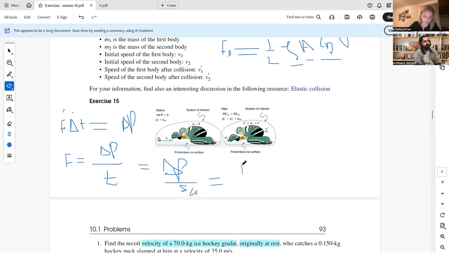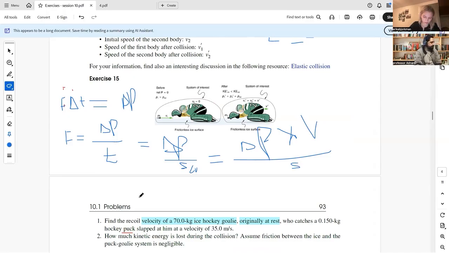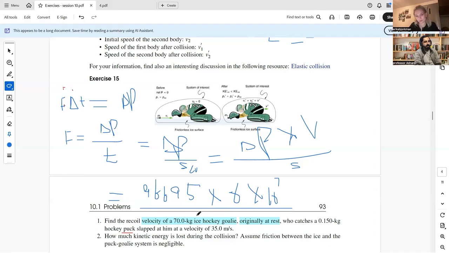Then our equation will become del P multiplied by V divided by S. S is the distance in light years, which we have calculated already. Del P we also have calculated: 96695, that is the impulse, multiplied by the velocity 6 cross 10 to the power 7, which is given to us, divided by S, the distance, 4.02 multiplied by 10 raised to the power 16.